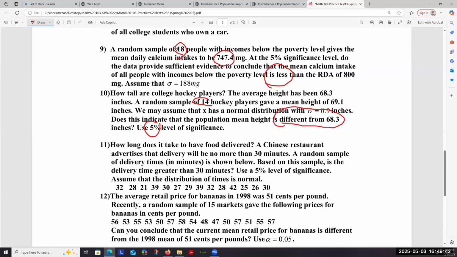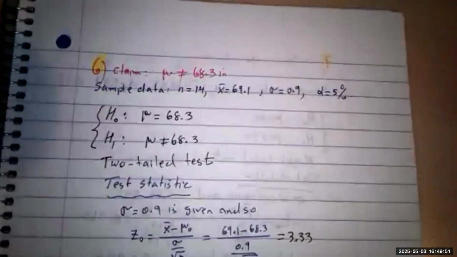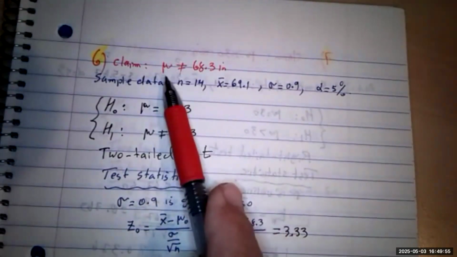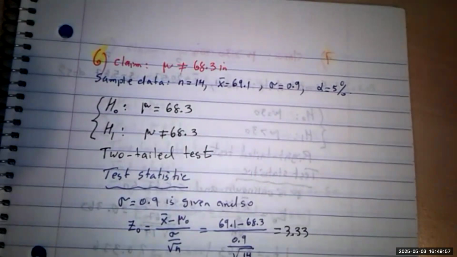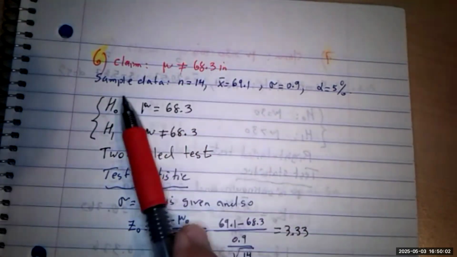So let's go back to my notebook and set it up. There is a claim that we want to check: is there any evidence to believe that it's not equal to 68.3?